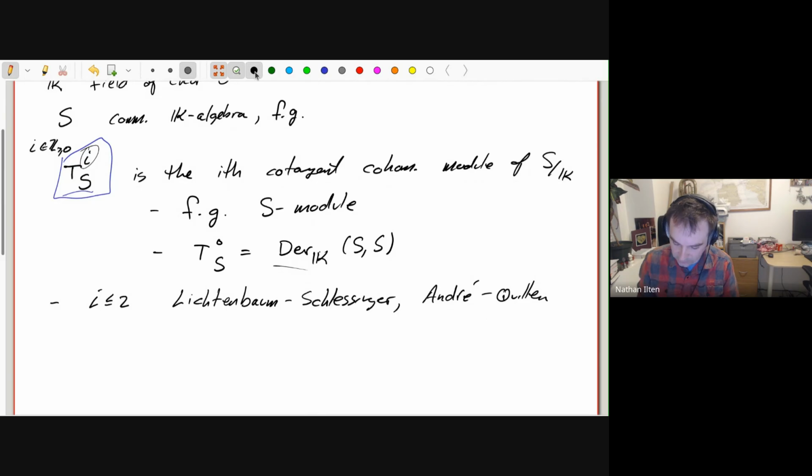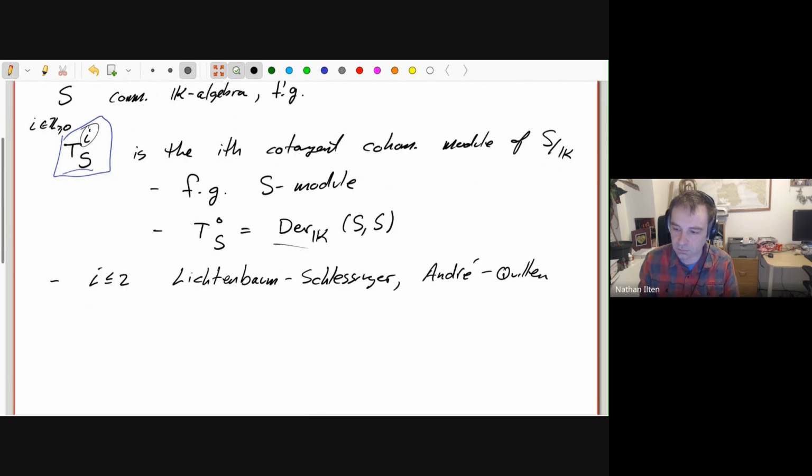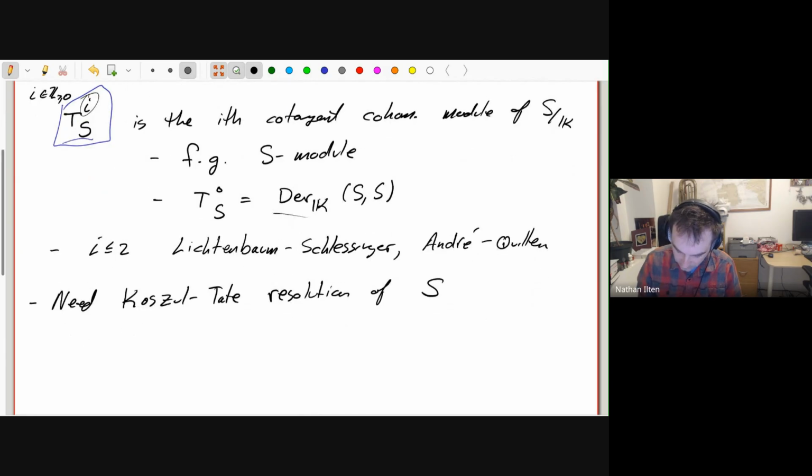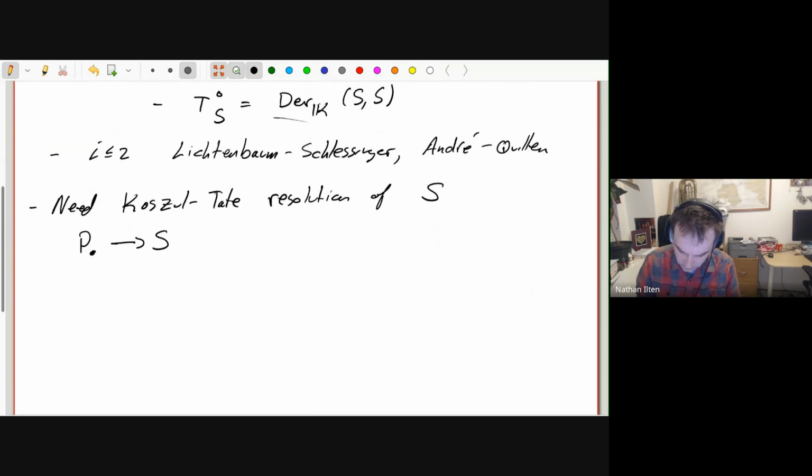In order to define this, we need a little bit of something from homological algebra called a Koszul-Tate resolution of our K algebra S. This will be something that I'll denote P dot going to S. And I'm going to take at least a couple minutes telling you what this is. Okay, so what is this P dot?